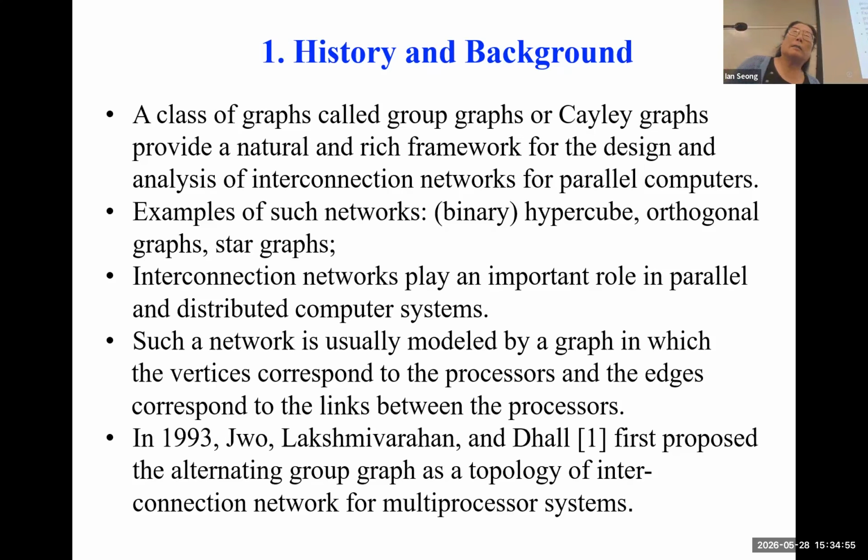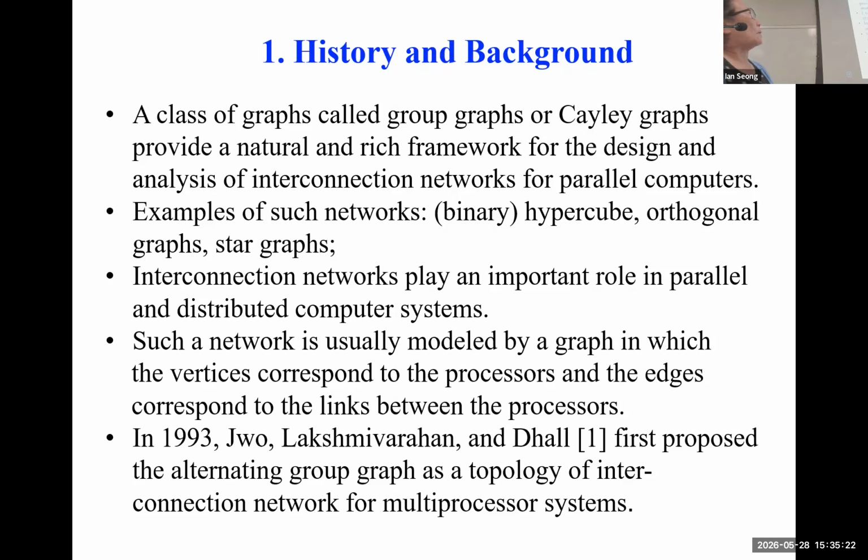If you recall, for a Cayley graph you have a group, and you take the group members as the vertices, and you fix an element g from the group: if A times g equals B, then you have an edge from A to B. So that's a Cayley graph. It can be directed or undirected, from a group.